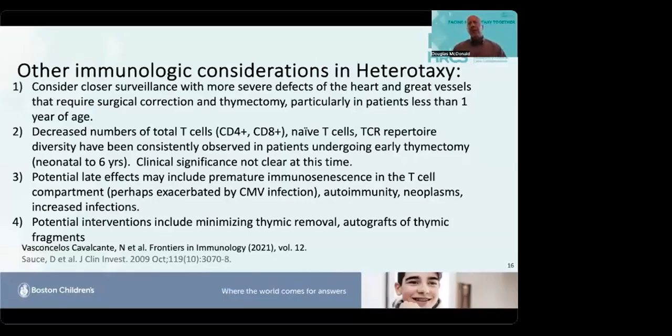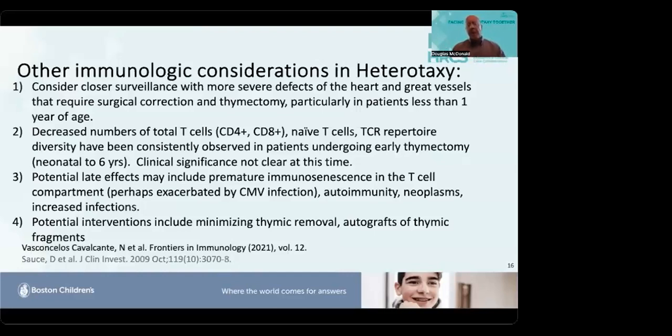The clinical significance of the T cell lymphopenia isn't absolutely clear at this time, and it will require further follow-up. But potential late effects can include premature immunosenescence of T cell compartments, and this can be exacerbated by viral infections like CMV, which is a very potent T cell activator, and it can deplete naive T cell populations, particularly in a setting where there is already a reduced population of naive T cells.